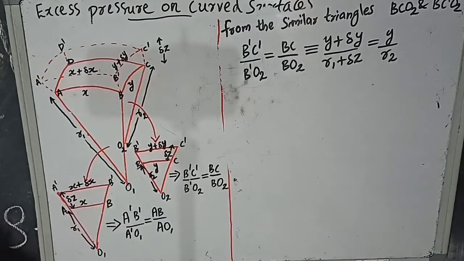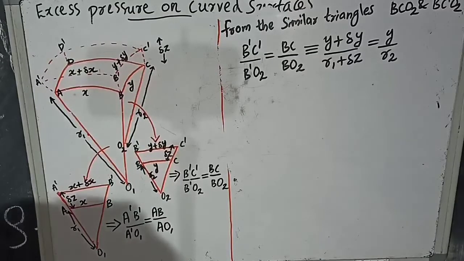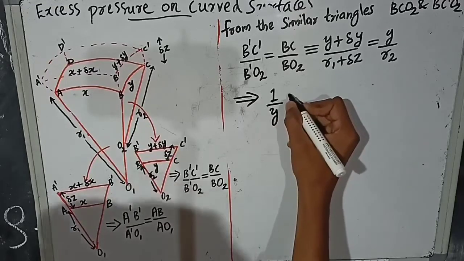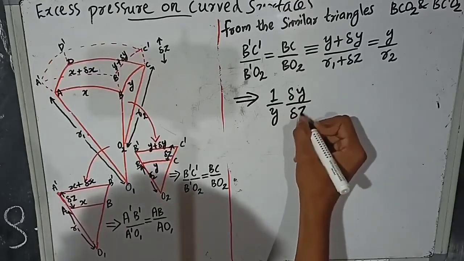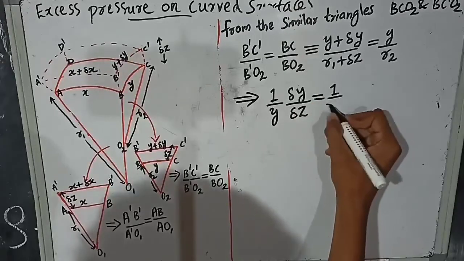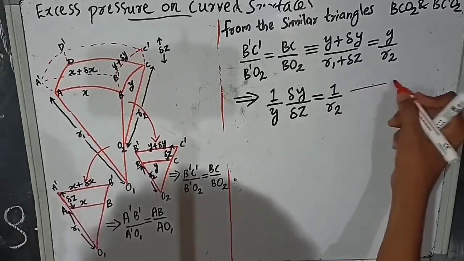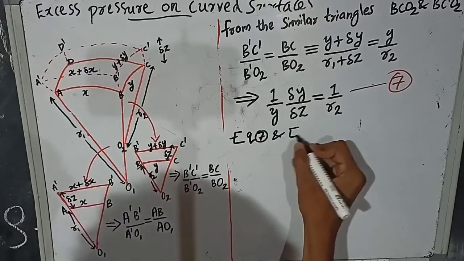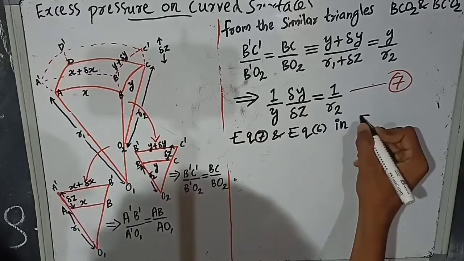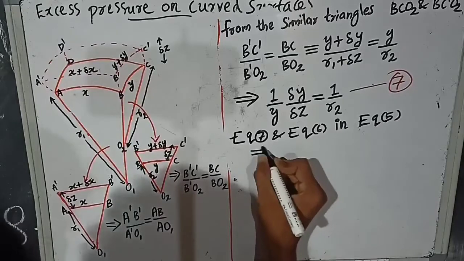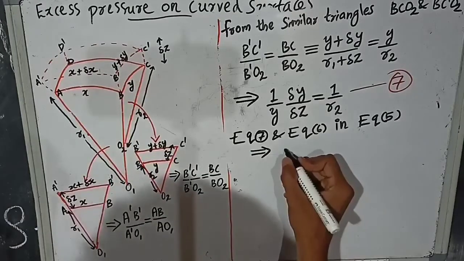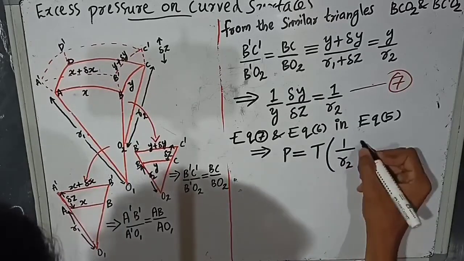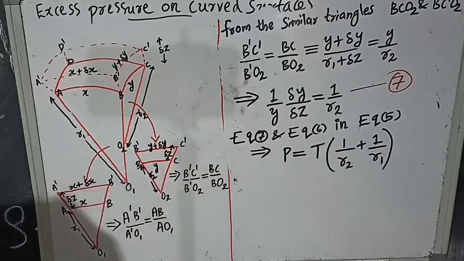Analogous to the case of similar triangles A'B'O1 and ABO1, in this case also we get 1 over y delta y over delta z is equal to 1 over R2. Let us denote this as equation 7. Let us substitute equation 7 and equation 6 in equation 5. This gives excess pressure P is equal to T times 1 over R2 plus 1 over R1.